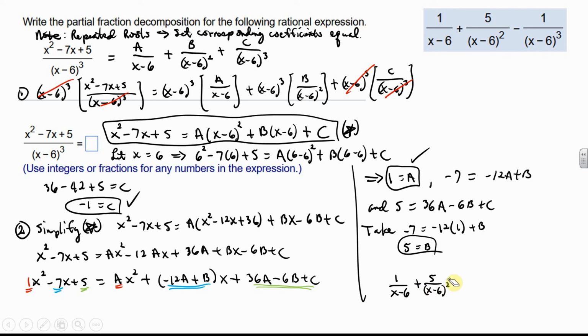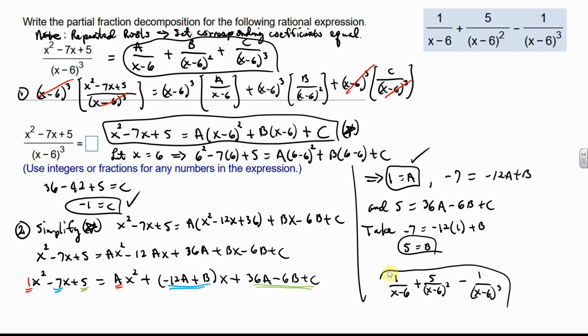See, when you write the answer, this is really the answer here, just missing those generic terms a, b, and c. So you write your answer, just go back and replace a, b, and c. And then plus c, that's a minus 1 over x minus 6 to the third. And I put the answer up there just to make sure that I'm doing it right.